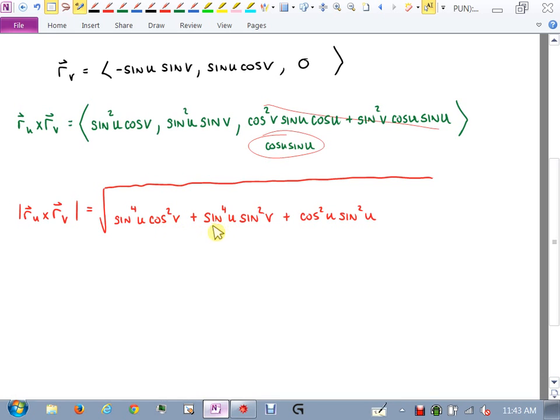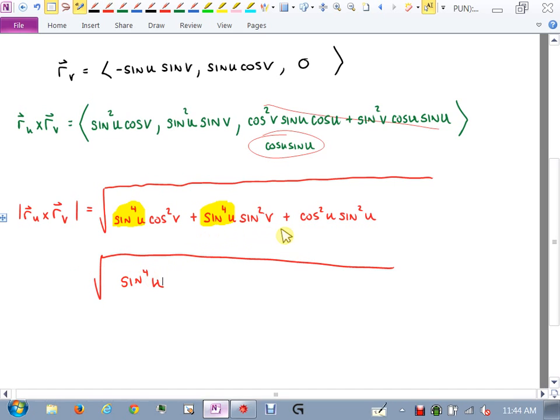Yep. These two both have sine u to the 4th, right? So I can factor that out. What would I be left with if I factor that out of just these? If I pull this one out, and I pull this out, what I'm left with is cosine squared v plus sine squared v, which is 1. So this just becomes the square root of sine u to the 4th, and then what's left?